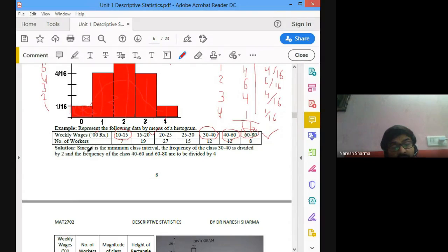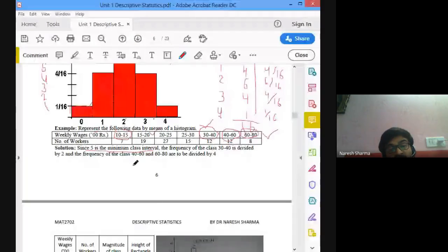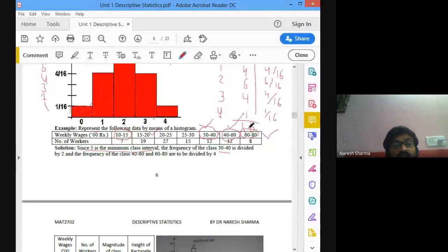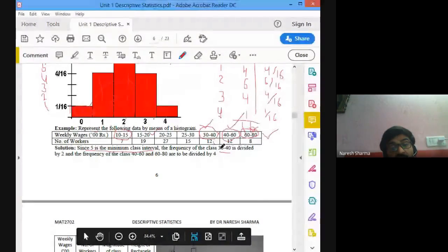So we choose the minimum class interval of 5, and we divide the frequencies into class sizes of 5 only. If 30 to 40 is of size 10, we divide it into two classes: 30 to 35 and 35 to 40. Similarly, 40 to 60 has size 20, and 60 to 80 has size 20, so we divide these into 4 parts each. We divide the frequency into equal parts.